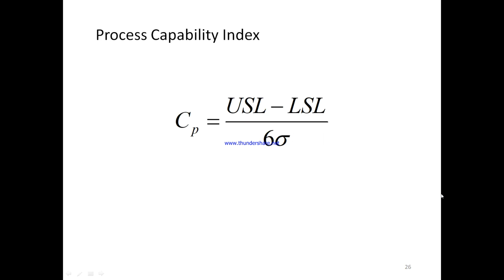If you are asked to calculate the process capability index, you can use this equation: you take the difference between the upper specification limit and the lower specification limit, then divide it by 6 sigma, since we are talking about 6 sigma control charts, where the difference between the upper control limit and the lower control limit is equal to 6 sigma.